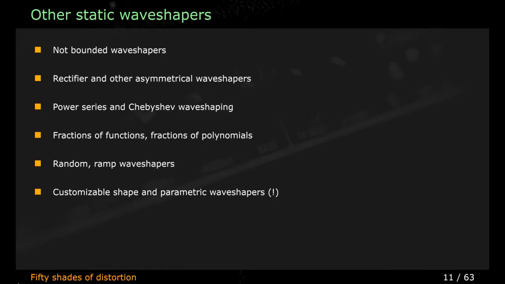And I could talk for hours about static waveshapers, because even if they are very simple and you can get very, very interesting sounds from them in comparison to other methods, it's very often the basic elementary stage that you have to use in your more complex distortion algorithms. So it's interesting anyway to experiment a lot with them.